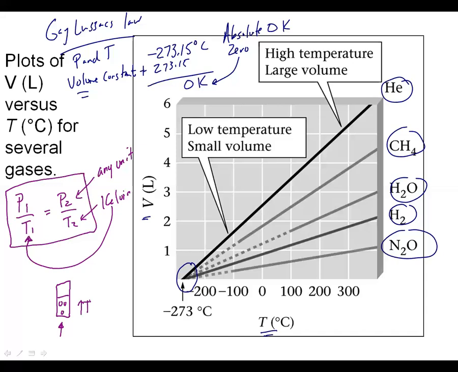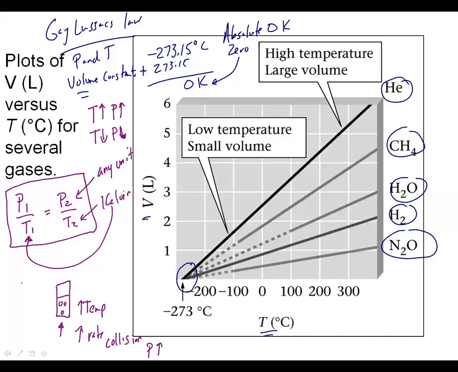And that means we now have guys that are flying around faster. We have a higher rate of collisions, and what we will see is the pressure will go up. And that is the relationship here as the temperature increases, so does the pressure. And vice versa. If the temperature goes down, the pressure will also go down as well.